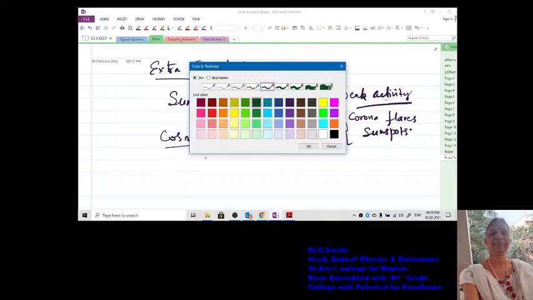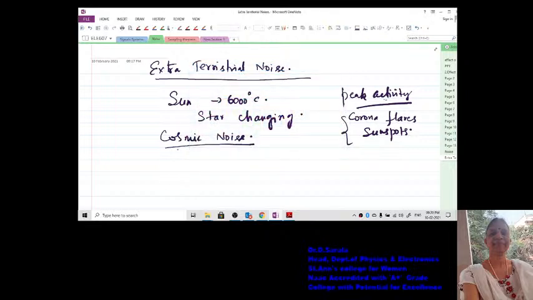Then what is the cosmic noise that we are talking about? Since stars are also suns and they also have high temperatures, they radiate. The stars are also like the sun. So the stars radiate RF noise.